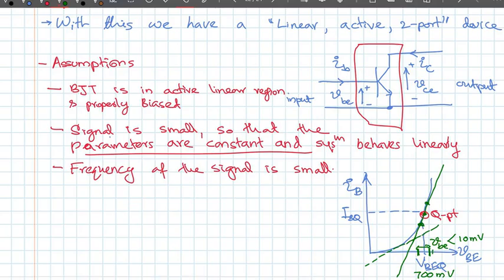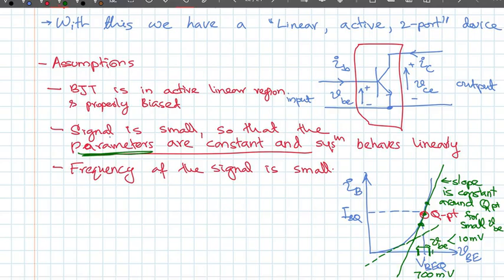Around the Q point, if you choose the variation to be very small, then the slope is constant around the Q point for small VBE changes. This is what we call parameters are constant. The parameter here is the slope of this. So it doesn't change too much.